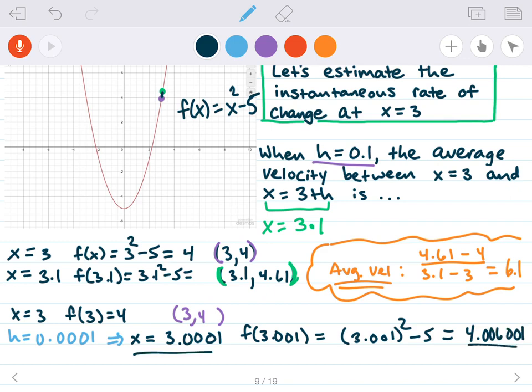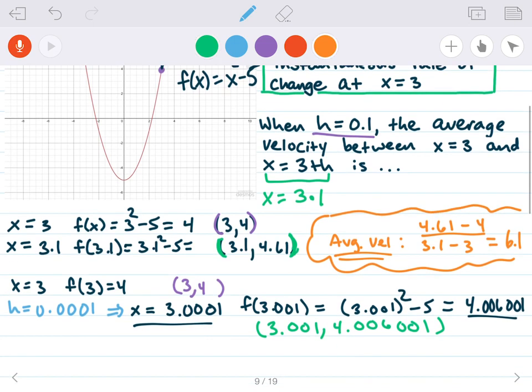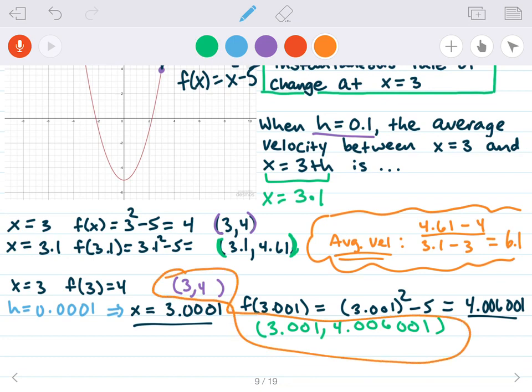All right. So this time my green point becomes 3.0001, 4.00060001. And now we find the average velocity between these 2 points.